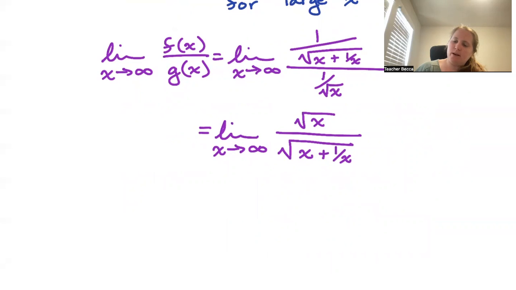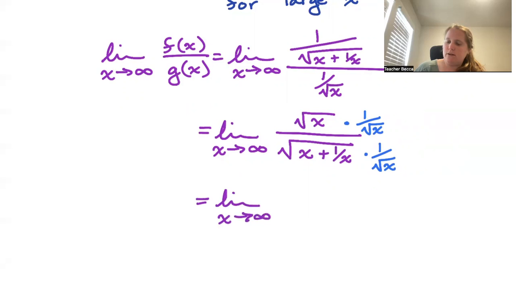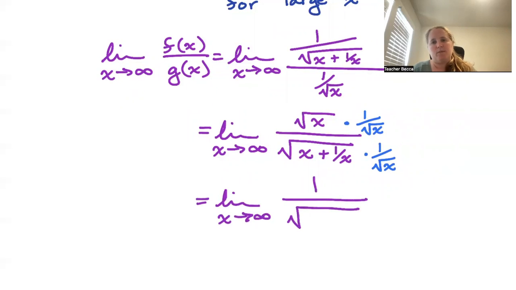If we just multiply by a 1 over square root x and a 1 over square root x, then up top, we are just looking at the limit as x goes to infinity of 1 over, throwing that x and square root x inside the square root, we would just get an x over x.